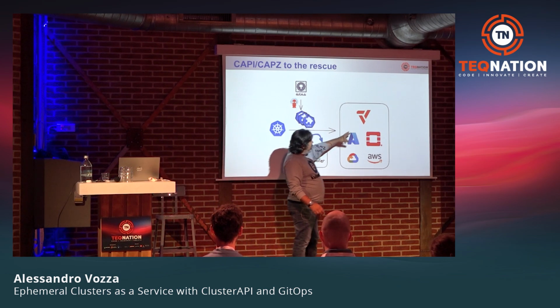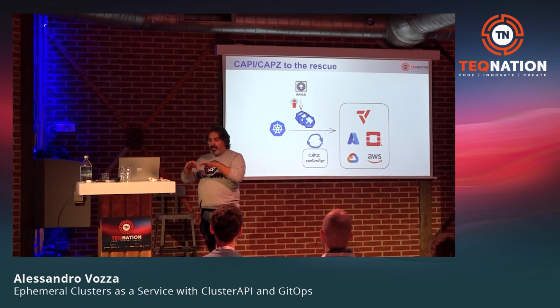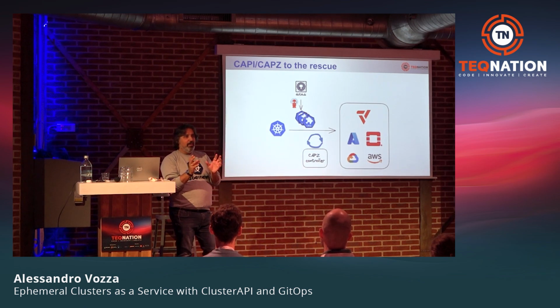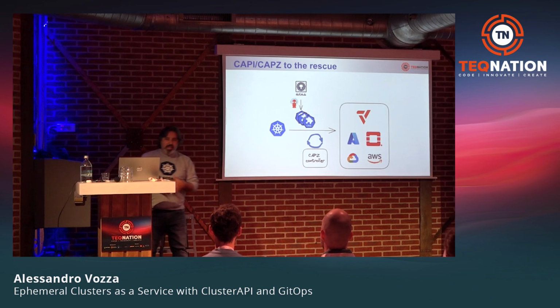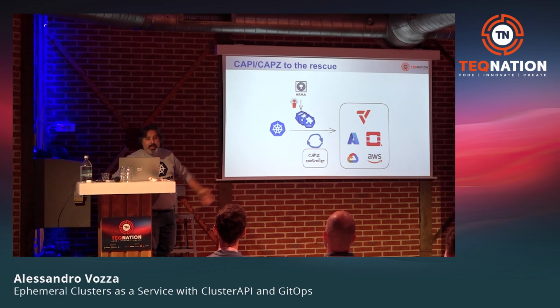vCluster is slightly different because it's a tool to deploy fully formed Kubernetes clusters within a larger cluster. And they are virtual because, of course, they are not real infrastructure. They are just virtualized components of Kubernetes running in pods inside a bigger cluster, right?